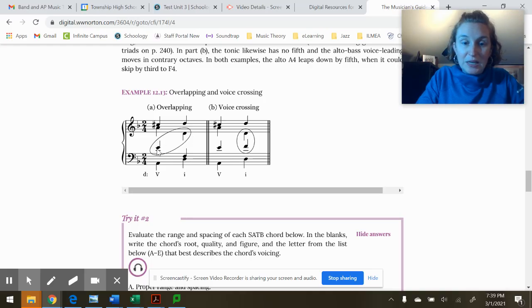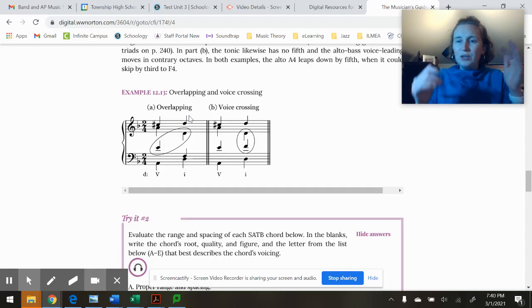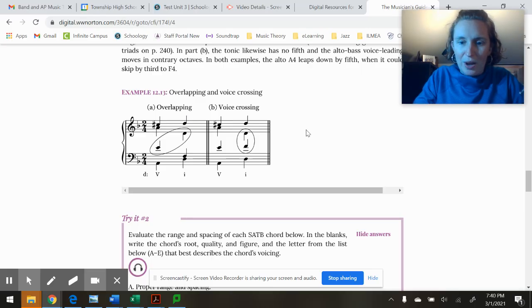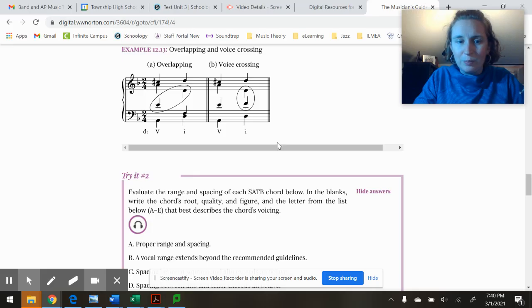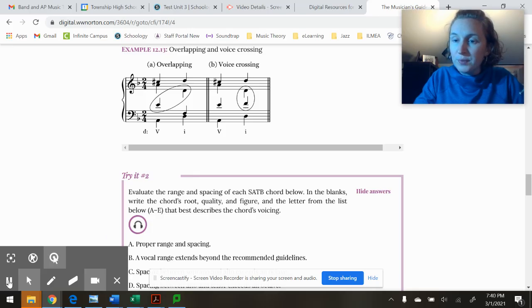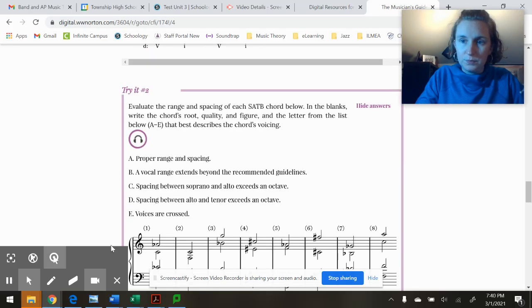If you have an E here and then a D here, but this one didn't go to a D until the next voice, it's really okay as long as it's not one chord to the next chord. We might have to do an example of that in class so you can see what I mean, but that's some pretty strict theory guidance if you read that in any other online book or something.